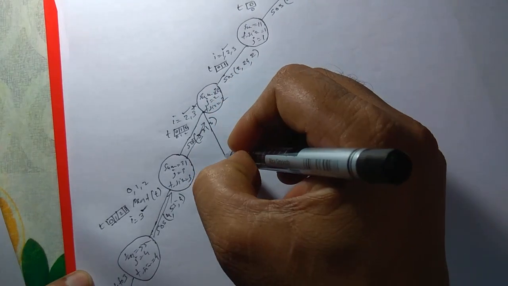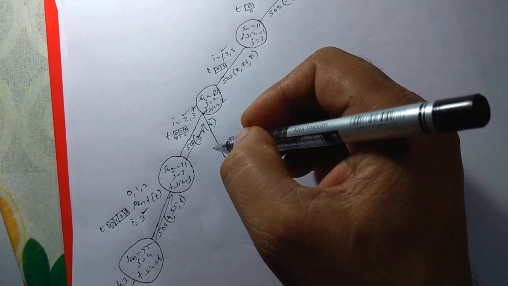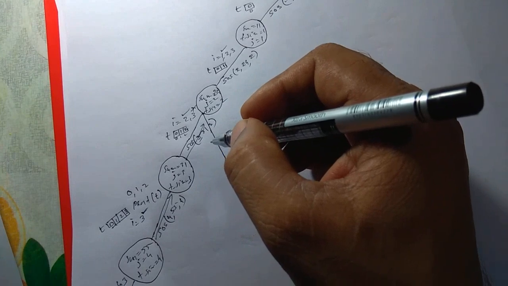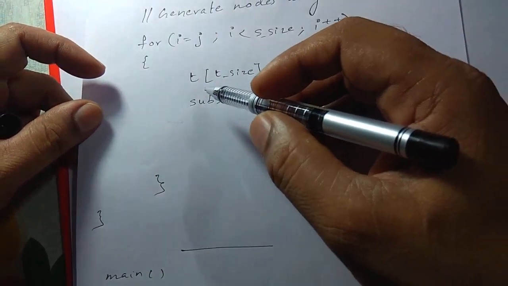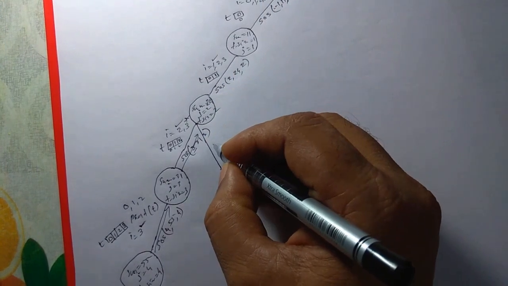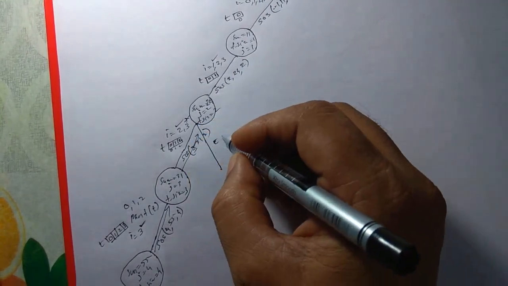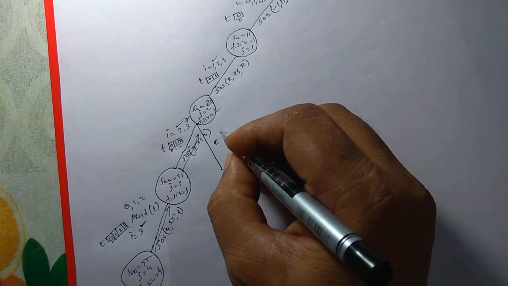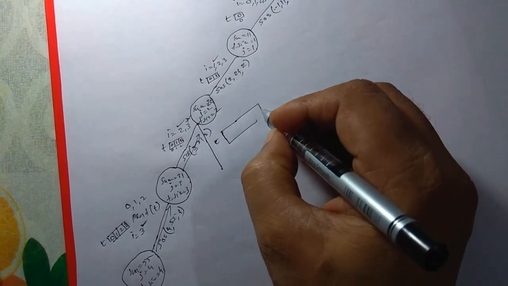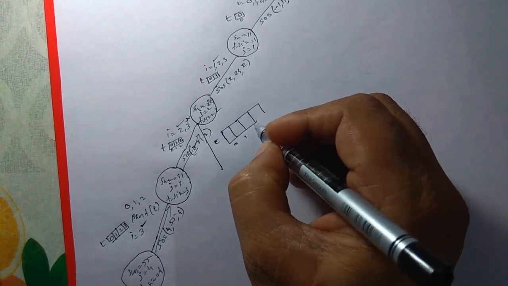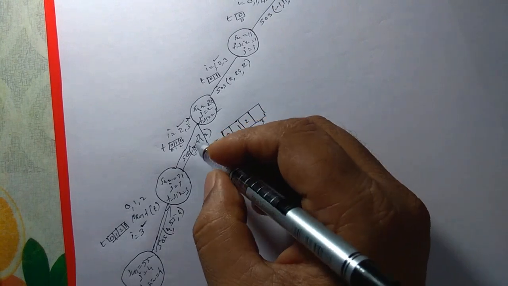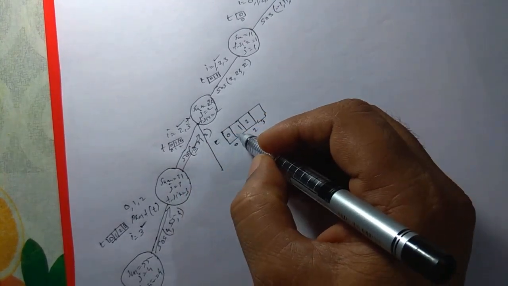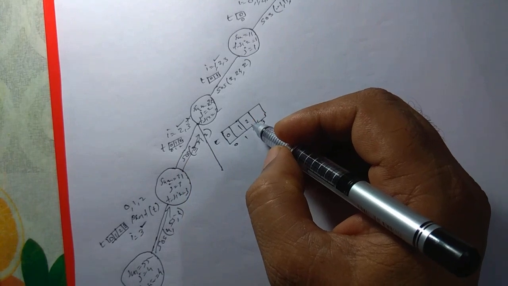What does it have to do? It has to update t. So what is t here? It was 0 1 2, and t size was 2 here.